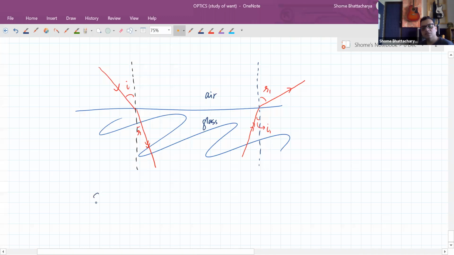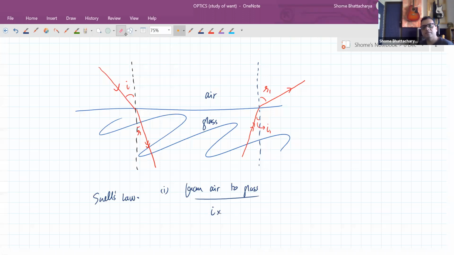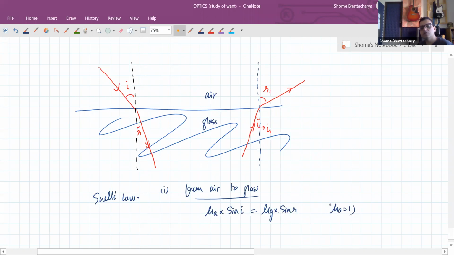So here when we apply Snell's law, if it is going in the first case from air to glass, then refractive index of air, which is of course 1, into sine I will become refractive index of glass into sine R. Of course, refractive index of air is 1 because speed of light in air is c only.